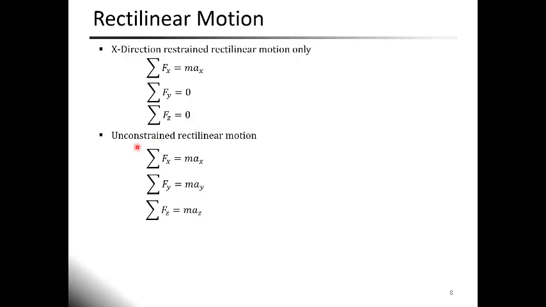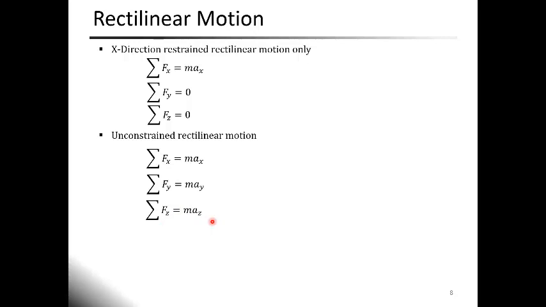Oppositely, if we have unconstrained rectilinear motion, we would have the three components. We can apply the Newton's second law in the x direction, where the resultant force in the x direction is equal to the mass multiplied by the acceleration in the x direction. The resultant force in the y direction is equal to the mass multiplied by the acceleration in the y direction. The resultant force in the z direction is equal to the mass multiplied by the acceleration in the z direction.